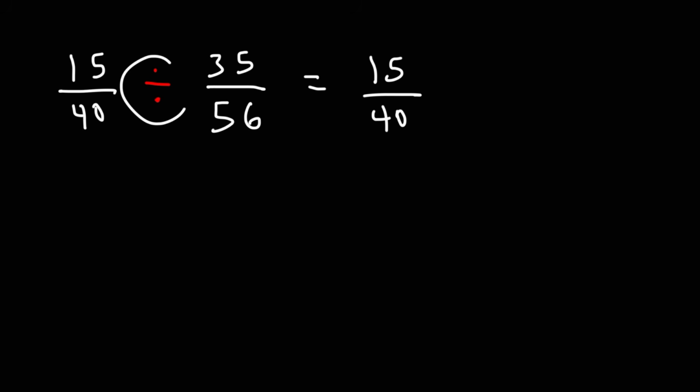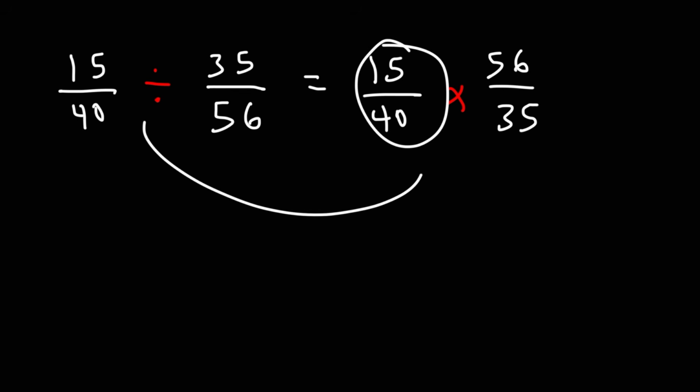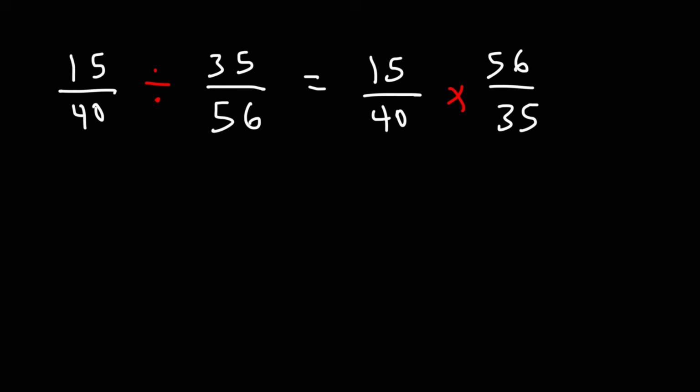You need to change division to multiplication. And then you need to flip the second fraction. So keep, change, and then flip this fraction. So now we converted a problem where we're dividing two fractions into one where we're now multiplying two fractions.